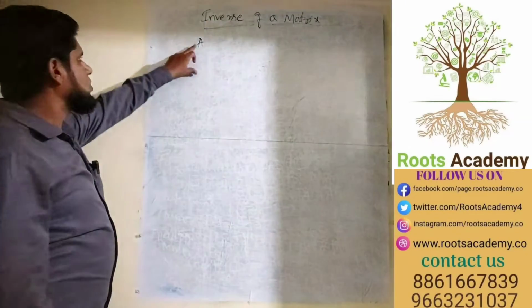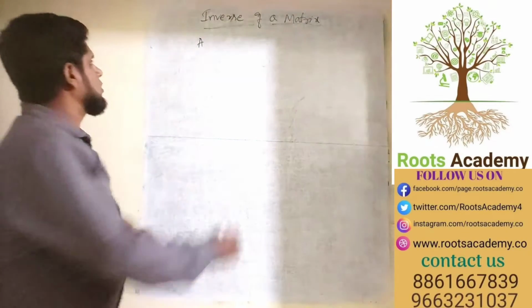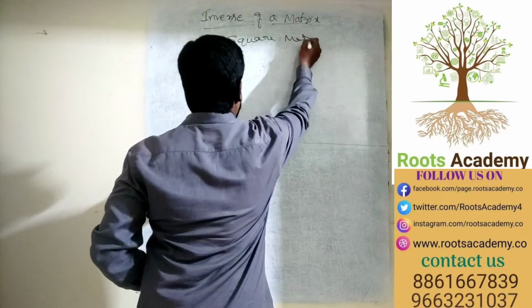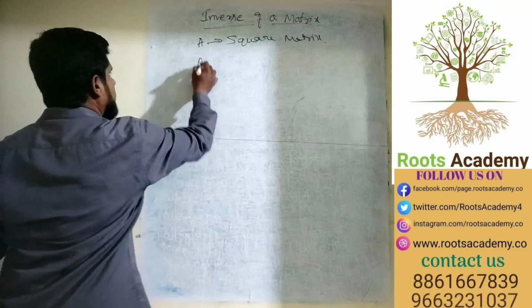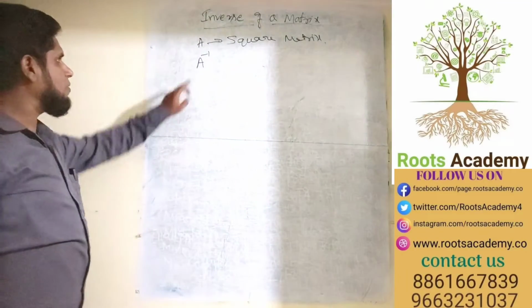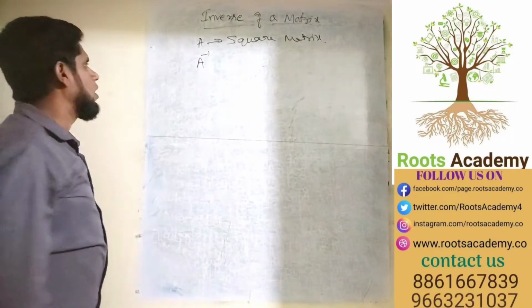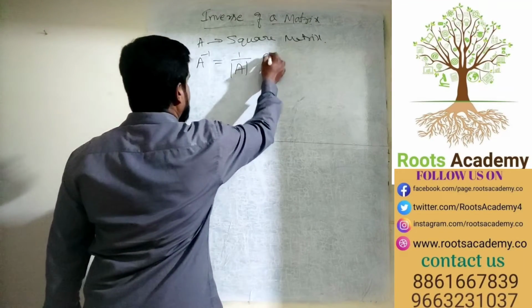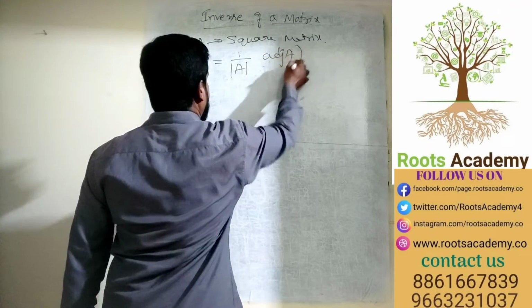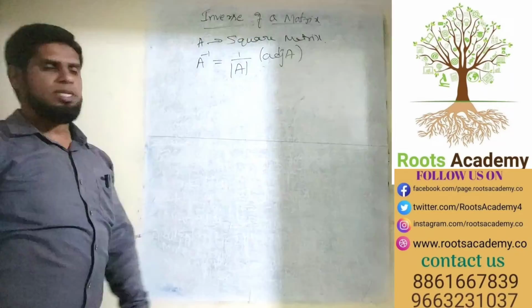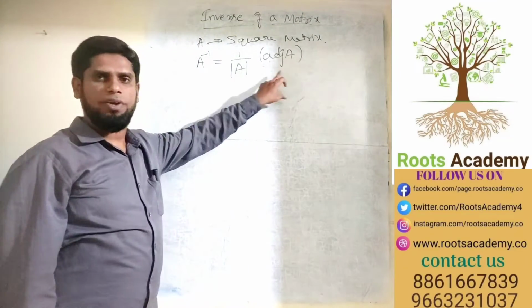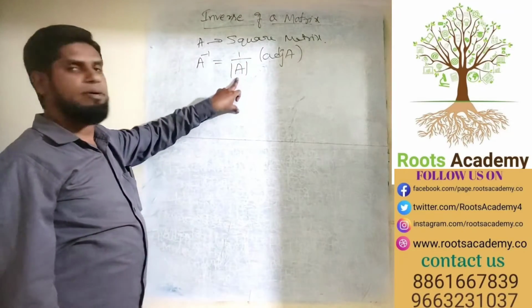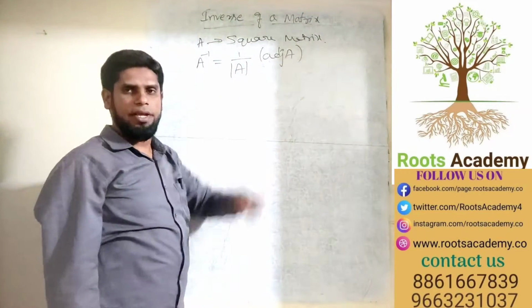Students, suppose A is any square matrix, then its inverse is represented by A power minus 1, and it is defined as 1 divided by determinant A into adjoint A. Students, this is the definition or formula of the inverse of any square matrix, that is 1 divided by determinant A into adjoint A.